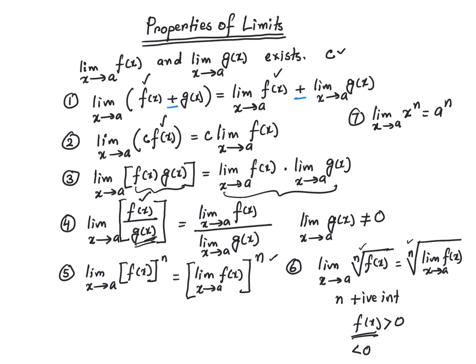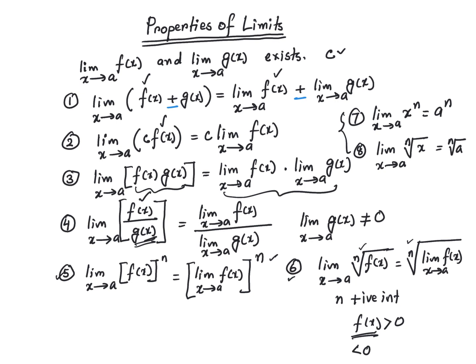Or limit x approaches a, nth root of x is equal to nth root of a. These two are derivatives of this and this. So you really don't need to memorize this or anything. Just remember the first 6 rules, then you should be all good to go.